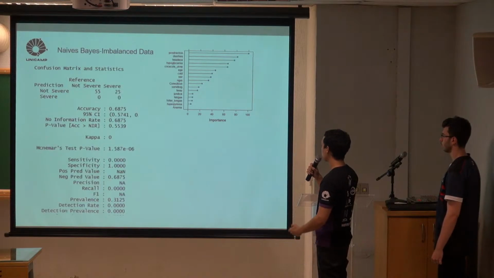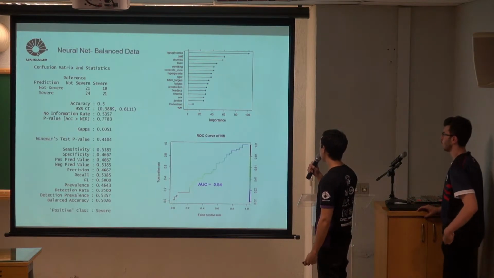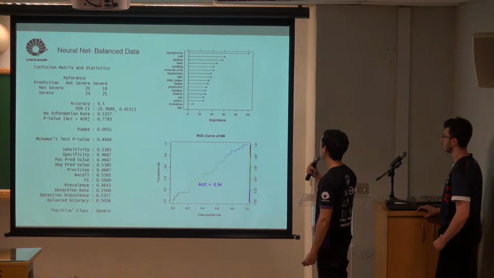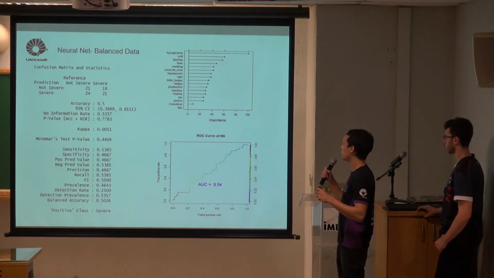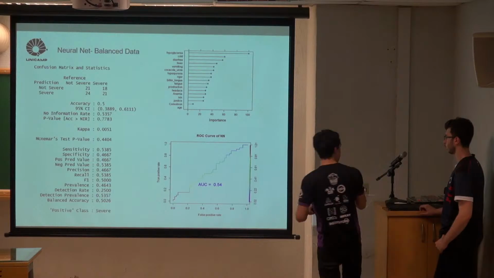So we don't have in both of them the ROC curve to decide which one is better. But in the end of it all, we will compare them in a box plot graph and see which one in fact is better. Now I will pass to Nicholas.